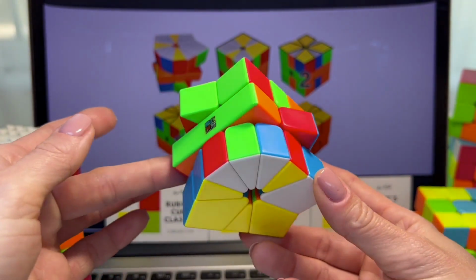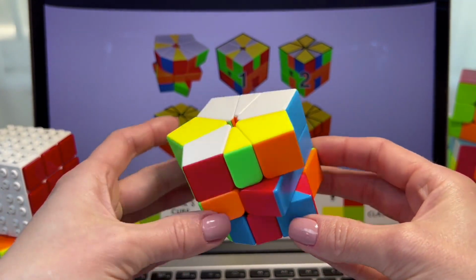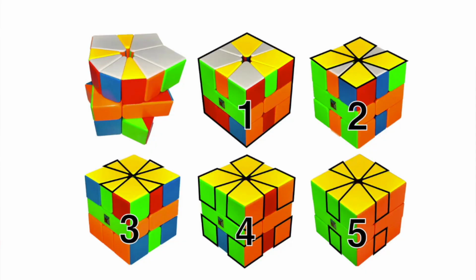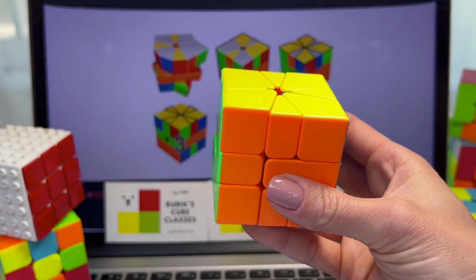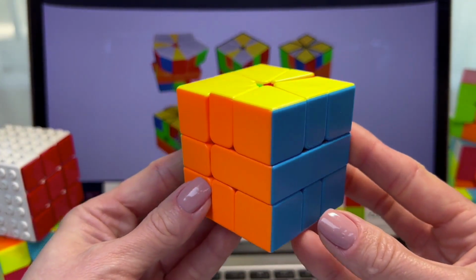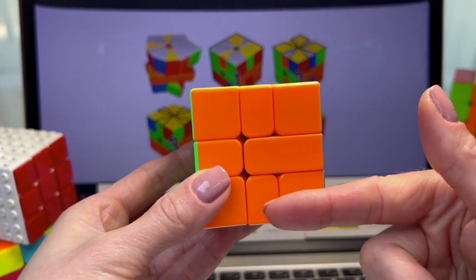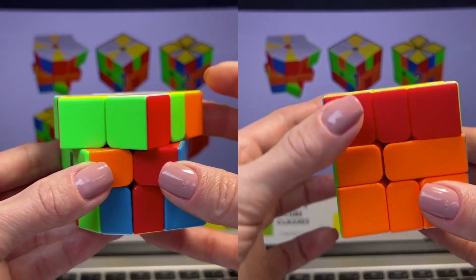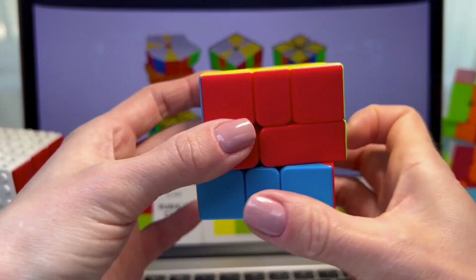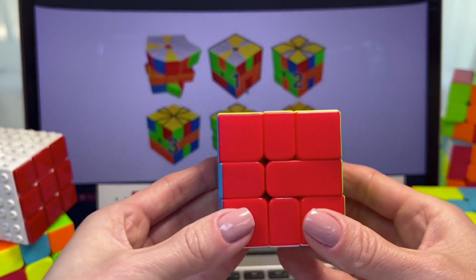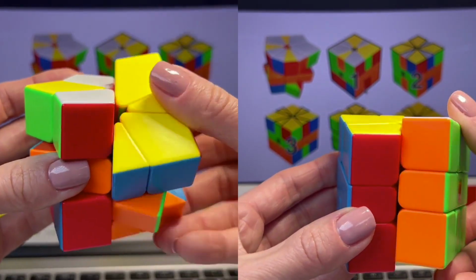When scrambled, this puzzle takes on all sorts of shapes, but in just 5 steps, we'll solve this beautiful cube, and it will look like this. The puzzle consists of 3 horizontal layers: the top, middle, and bottom, and 2 vertical layers, the right layer and the left layer.